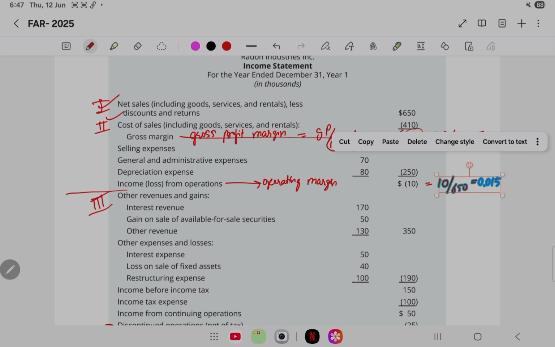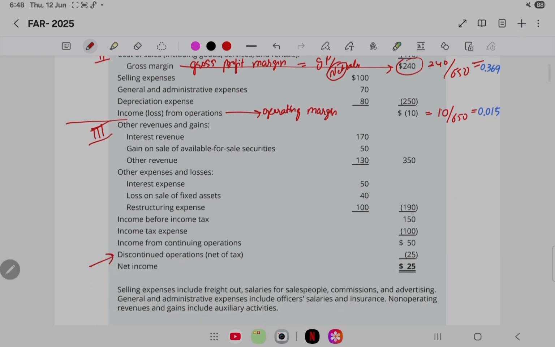So if we are analyzing the statement as a financial analyst, we can raise questions. If we are getting the gross margin 37% as a profit, then why are we getting the operating profit in the negative? Has something happened in the market for the industry overall, or is only this company suffering from this?